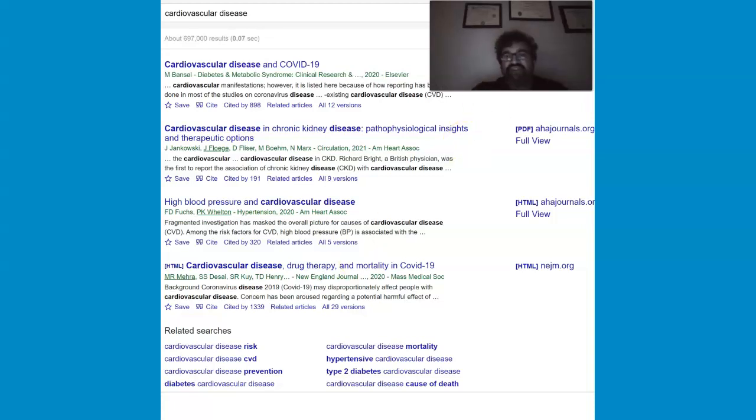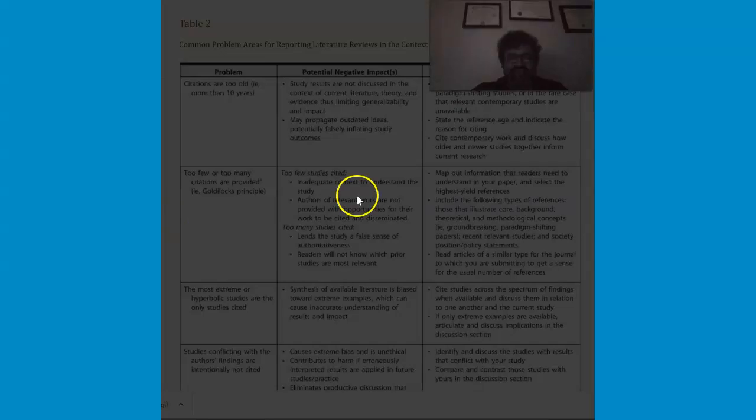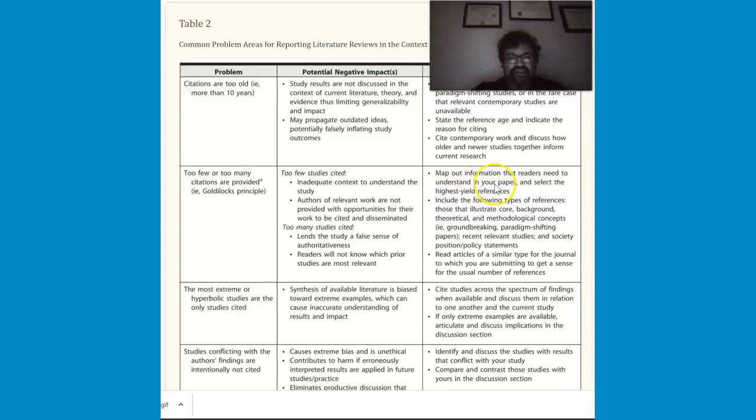So going back to the article that we started off with, I think it's important to note that mapping out information that readers need to understand in your paper and selecting the highest yield references is key.